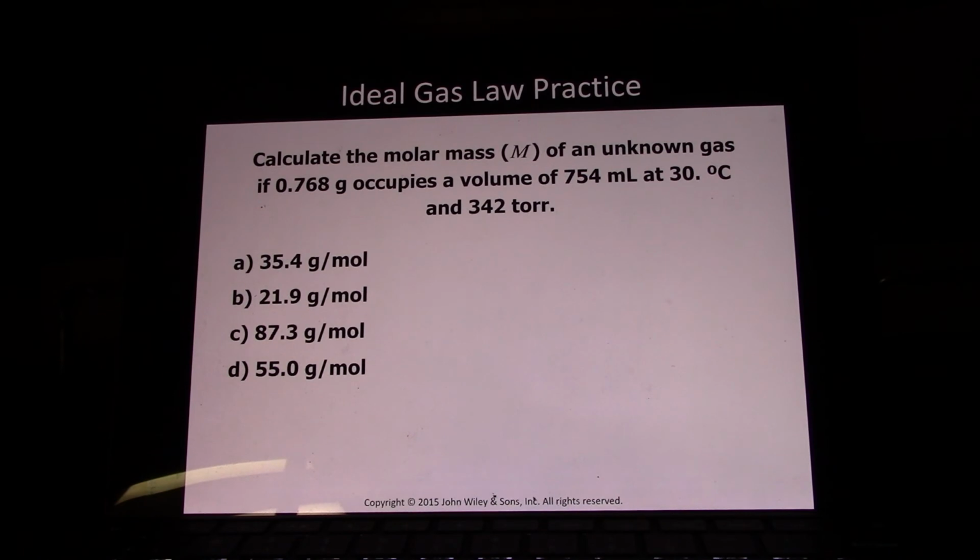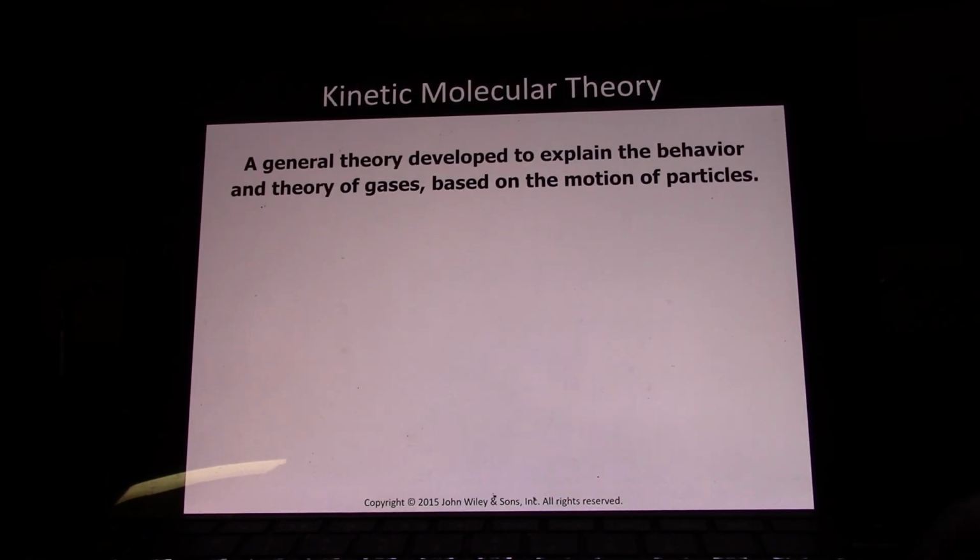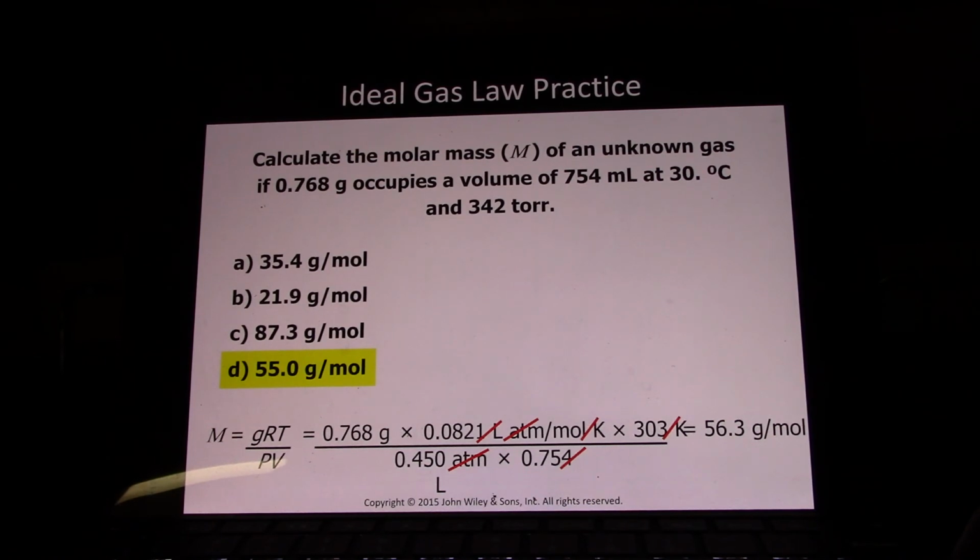Calculate the molar mass of an unknown gas if 0.768 grams occupies a volume of 754 milliliters at 30 degrees Celsius and 342 torr. Well, we convert milliliters to liters, 0.754 liters. We convert degrees Celsius to Kelvin, add 273 to get 303 Kelvin. And we convert torr to atmospheres. 342 torr times 1 atmosphere divided by 760 torr gives us 0.450 atmospheres.